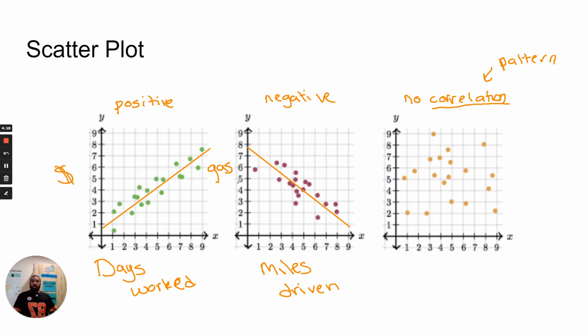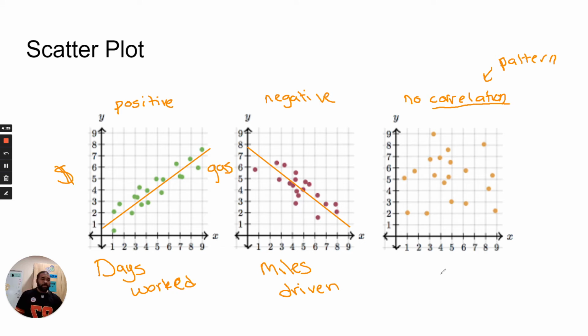When one of them increases, the other one decreases. So you start off with a lot of gas, and as you drive, the amount of gas you have goes down.